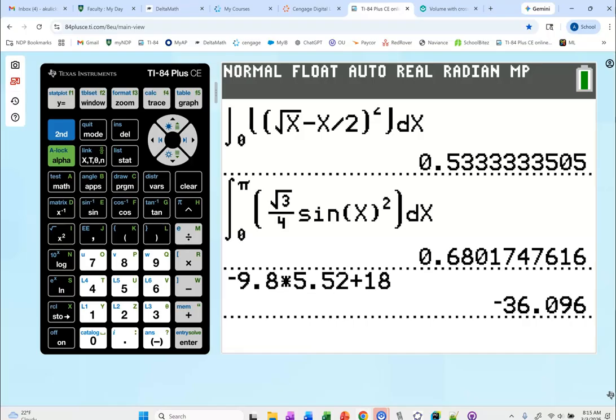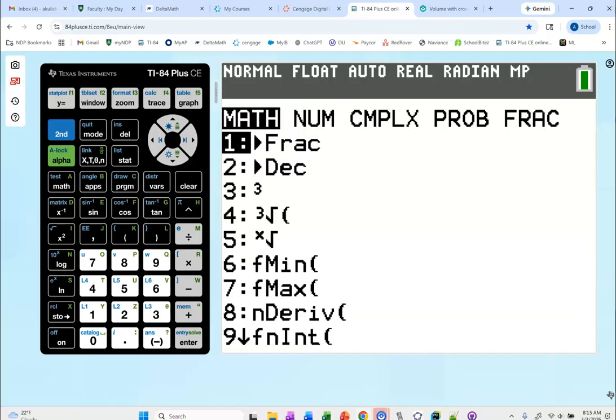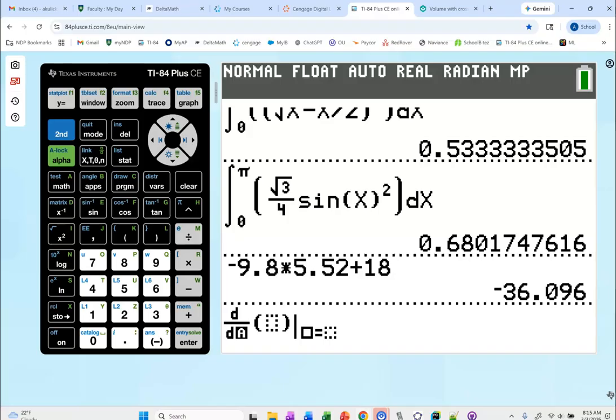Okay, you can also do this way. So if you're on the main screen, you can press the math button. And if you pick Command 8 on my calculator, it says nDeriv. It gives me the d over d command. And now I'm going to just fill this in to make it look like it does on my calculator.